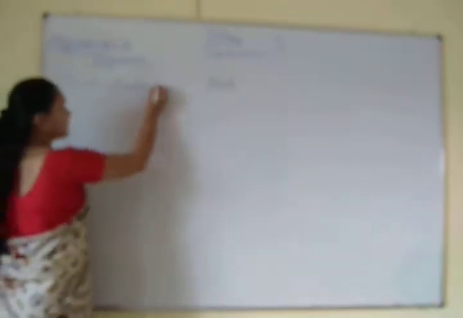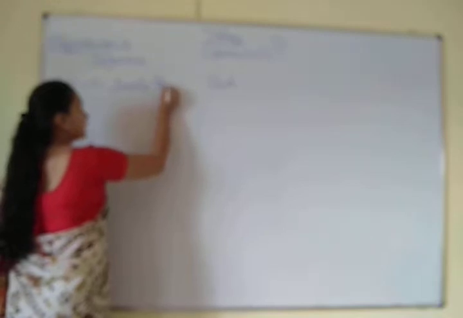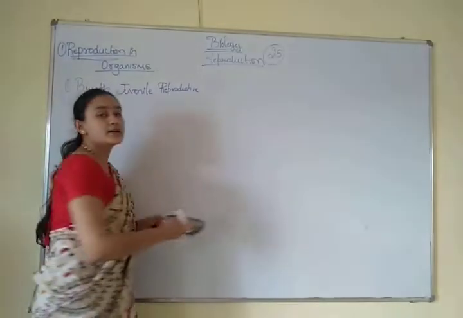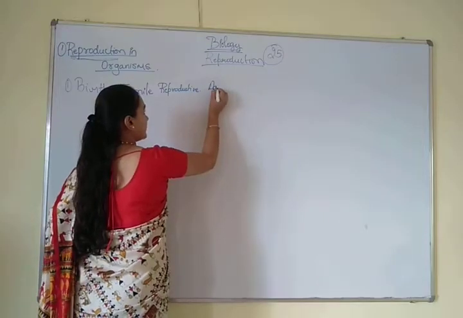Followed by the juvenile stage will be the reproductive stage. And after the reproductive stage there is another stage which is called aging.